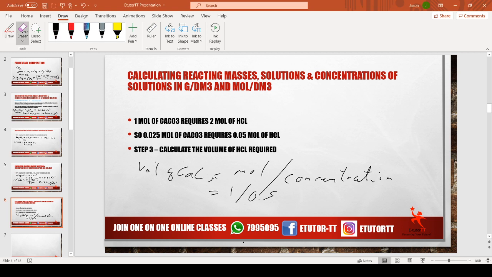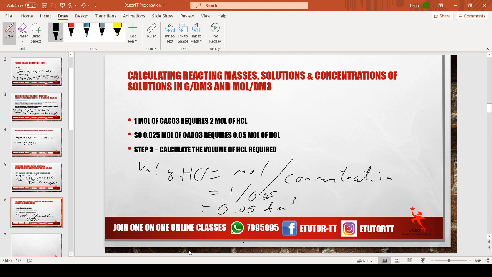That's now, wait, should be HCl. Which gives us 0.05 dm cube.